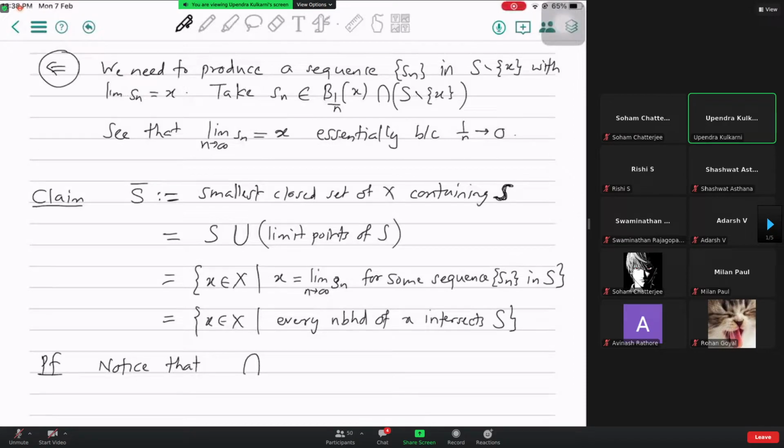Intersection of all closed sets containing S is automatically... So why is it closed?